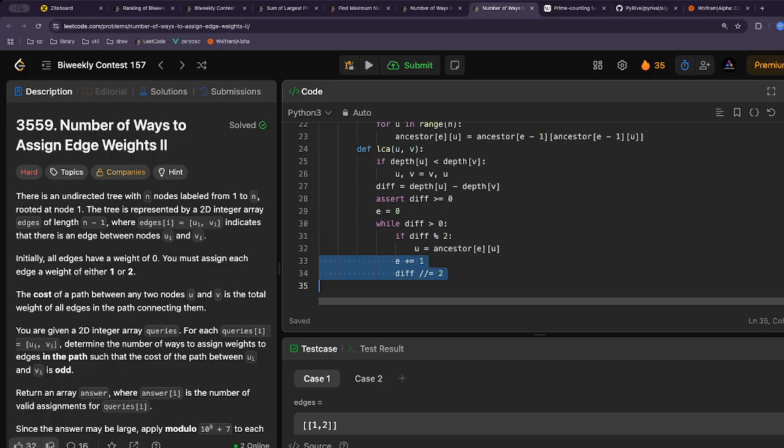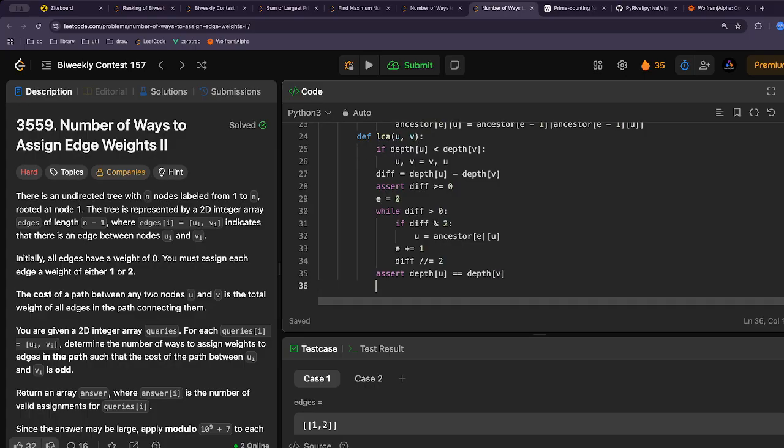I don't like this that much, the fact that we have to have two variables. But the advantage of this is that you stop early, I guess. Anyways, so now we know that the depth of U is equal to the depth of B, right?